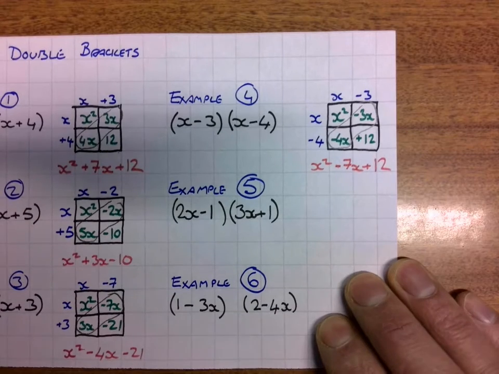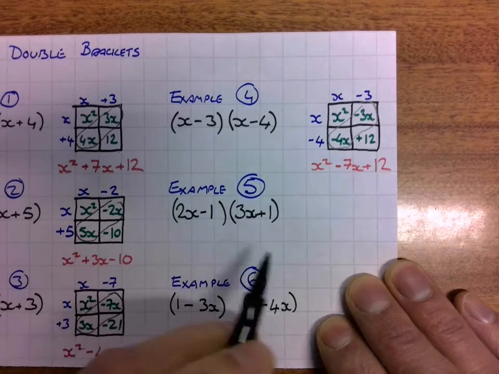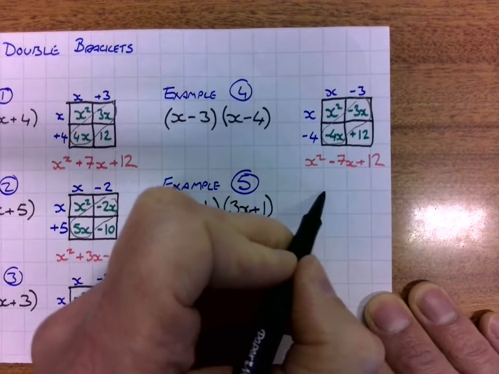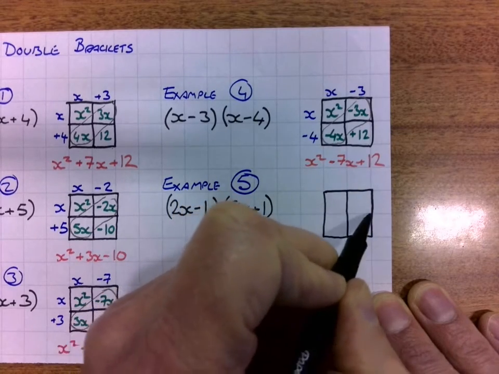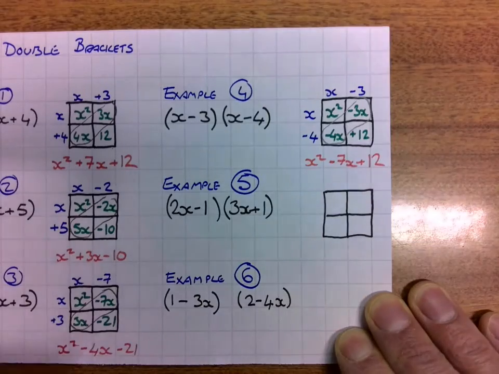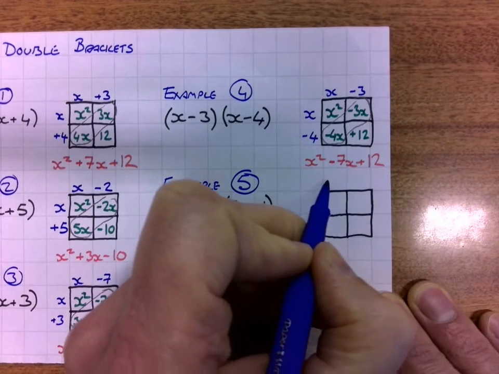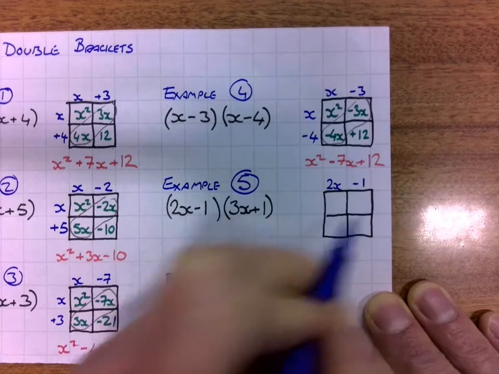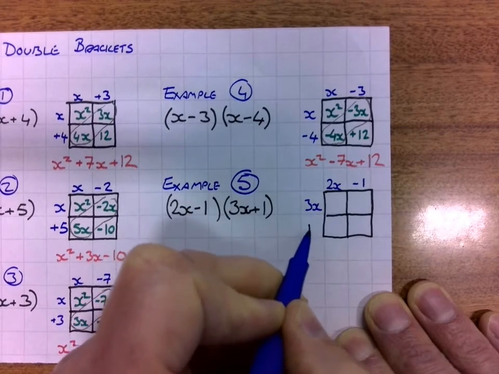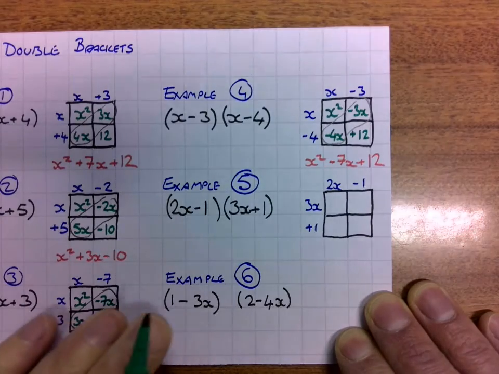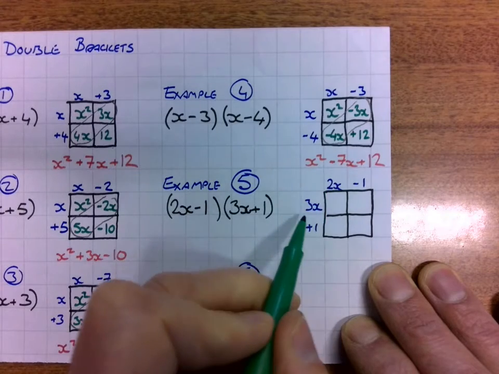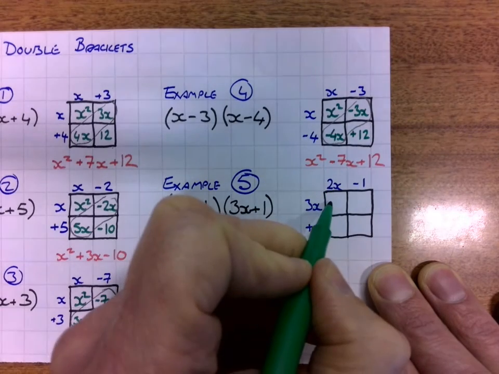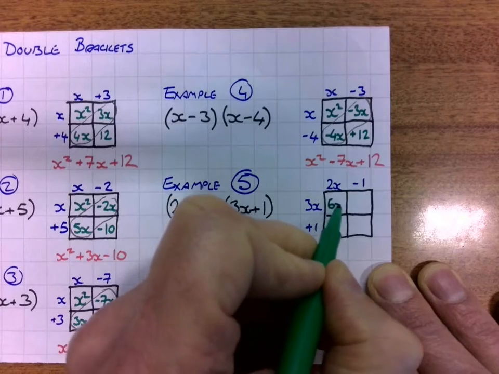Okay, next one, what's changed? Well, now I've got some coefficients in front of the x's, so I've got more than one lot of x, but that's okay. Slightly wonky box, my bad. So put the question in, 2x take 1, 3x add 1. Again, we're multiplying in the multiplying grid, so 3x times 2x. We multiply the numbers, so 2 times 3 is 6, and x times x is x squared.